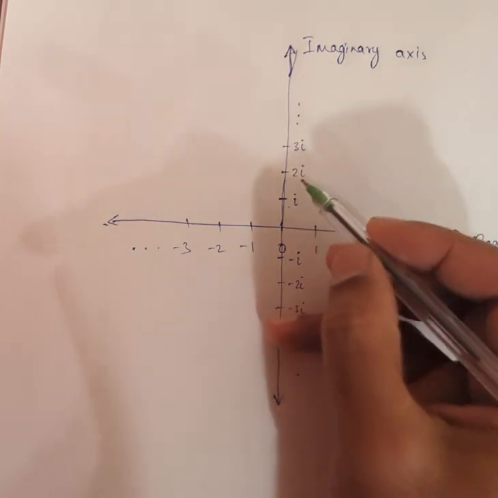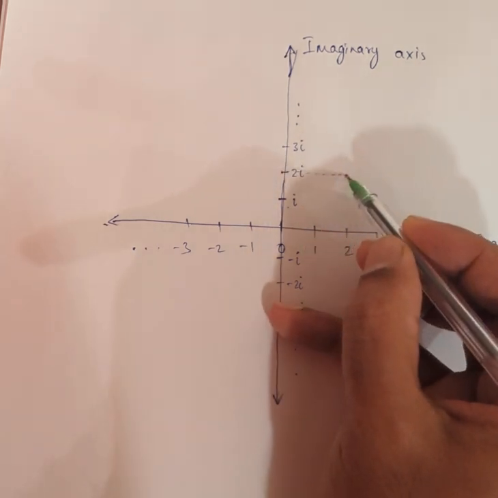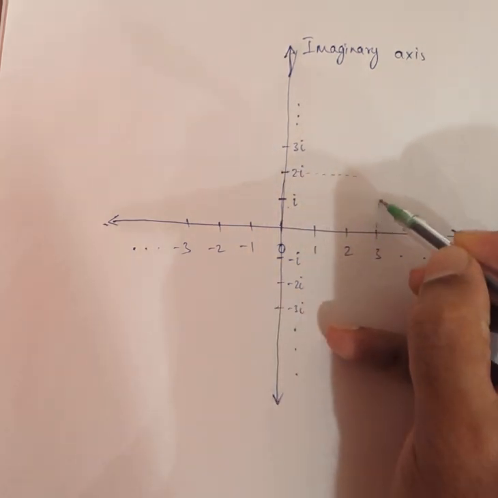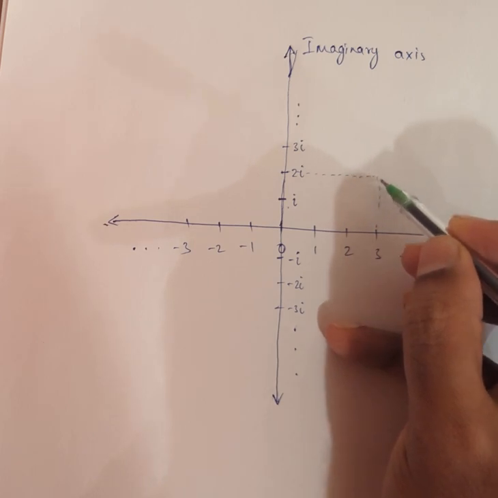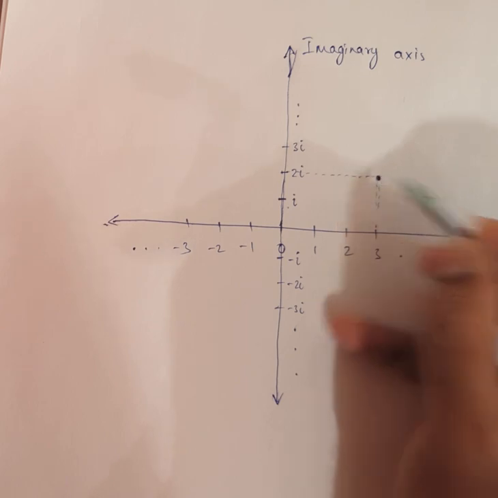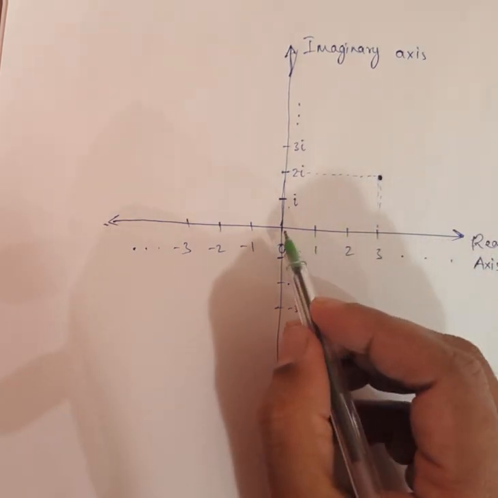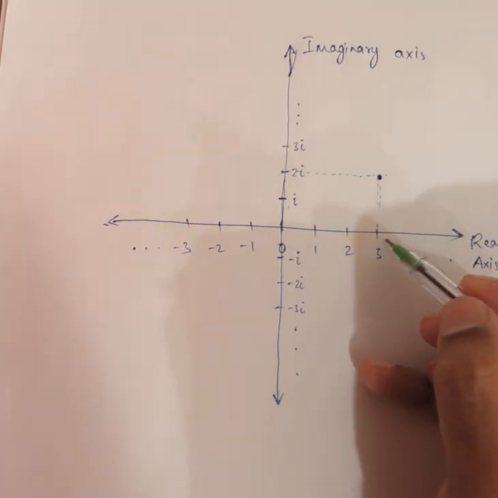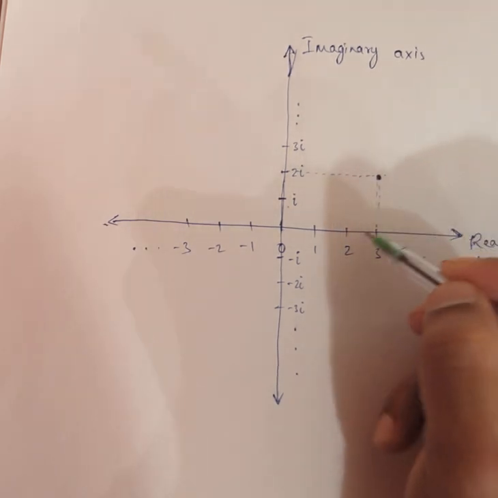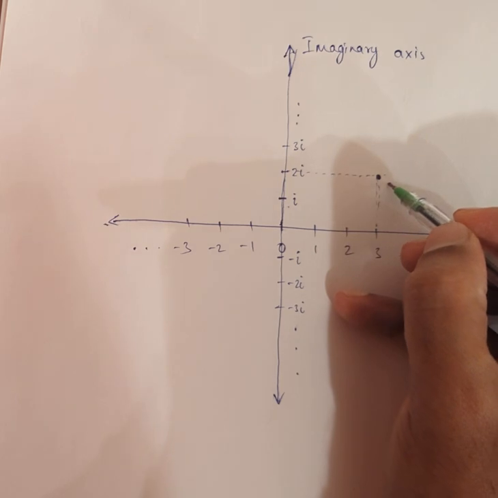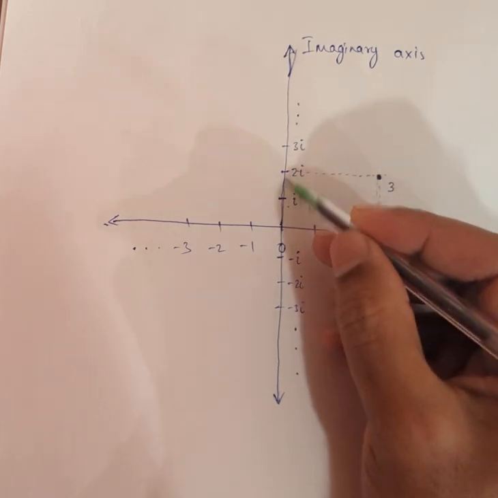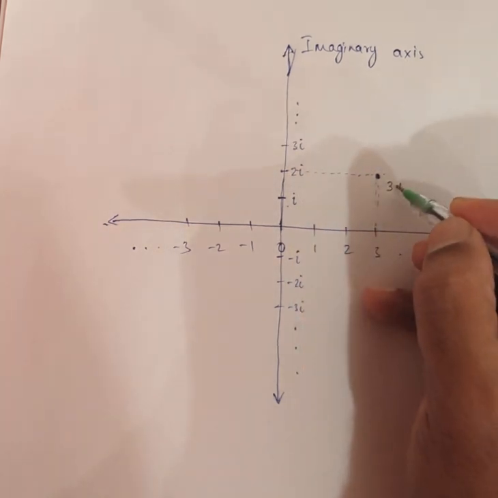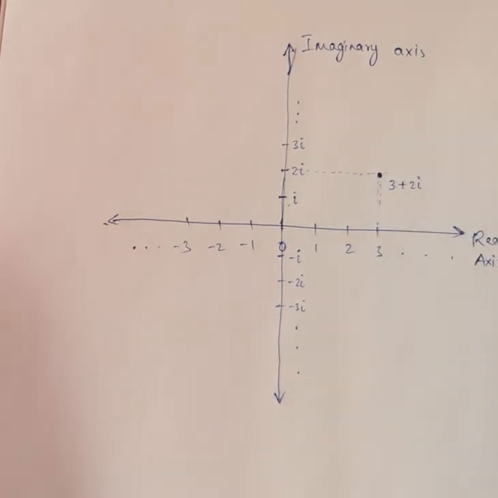So for example, let me look at the intersection of these two lines. This point is at a distance of 3 to the right and 2 up. So I'm going to say that this point has a real part of 3 and an imaginary part of 2. So this number is 3 plus 2i.